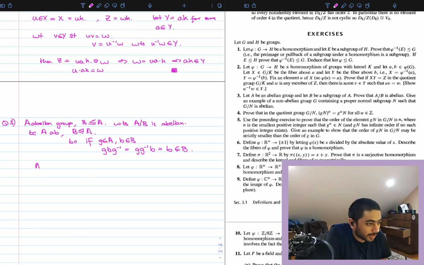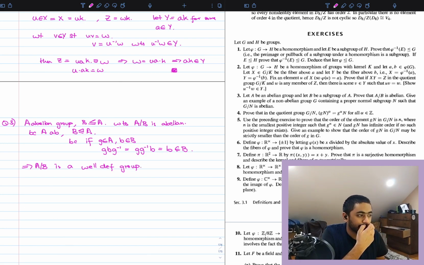And that means that A over B is a well-defined group. Alright, great. Now we just need to show that this is abelian, right?